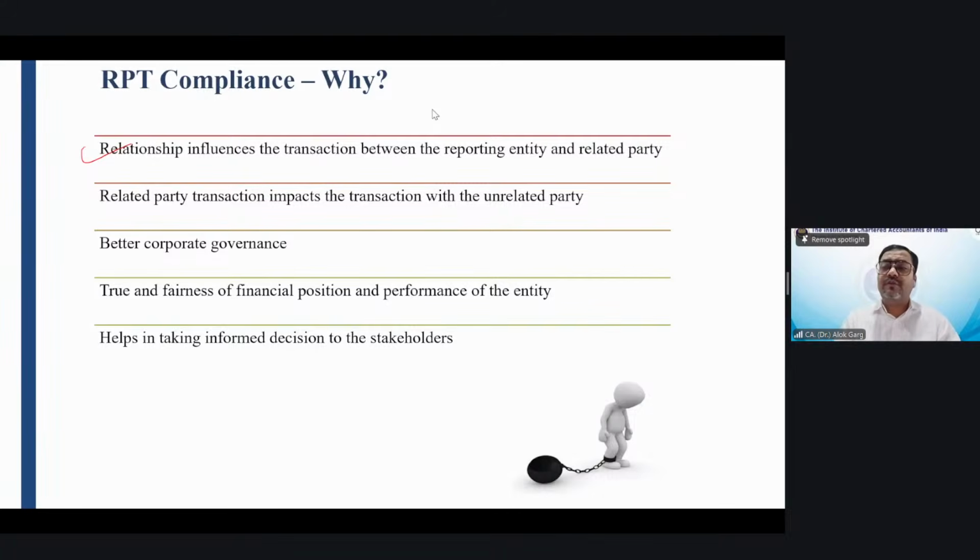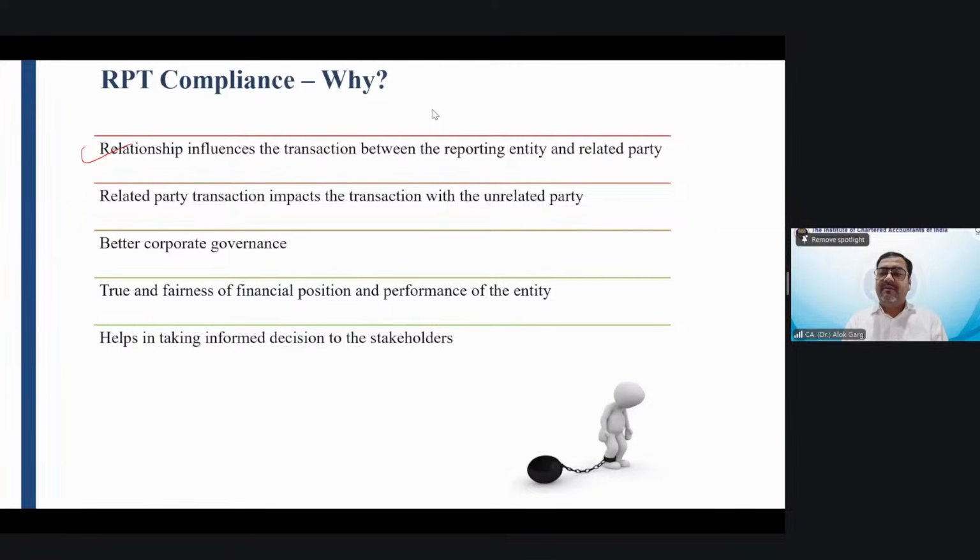Friends, this relationship always influences the transactions between the related party and the reporting entity.